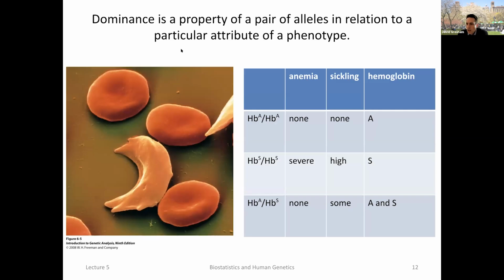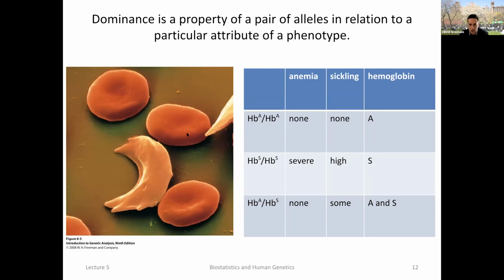What I want to make sure you leave with is the impression that when we talk about dominance, dominance is a property of a pair of alleles in relation to a particular attribute of a phenotype, okay? A useful example is the condition sickle cell anemia.